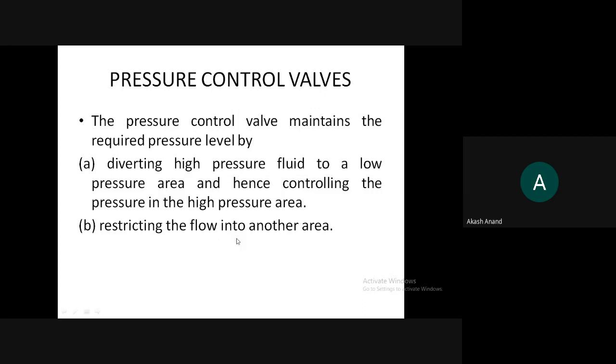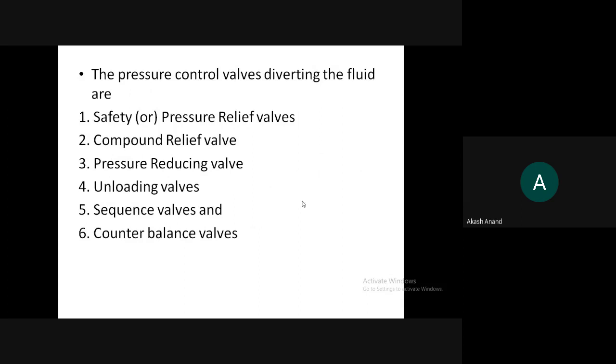Okay, so the second method is used to increase the pressure, and the first method is used for decreasing the pressure, thereby controlling the pressure inside a pressure control valve. So these are the basic ideas of how pressure control valves control the pressures. Okay, so you can see there are different types of pressure control valves.